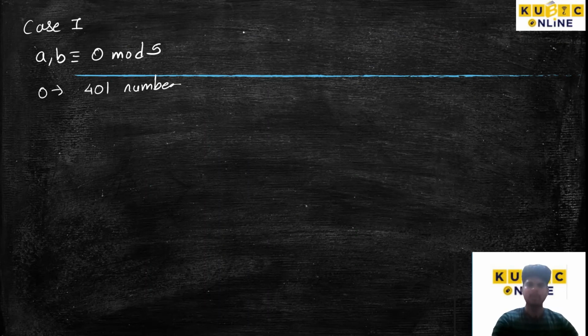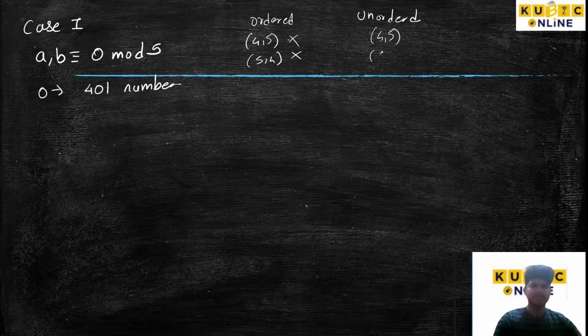So what are unordered pairs? In ordered pairs, 4, 5 and 5, 4 are different. They are not the same. But in unordered, 4, 5 is the same as 5, 4. Why? Because the order doesn't matter. You just have to choose two numbers.